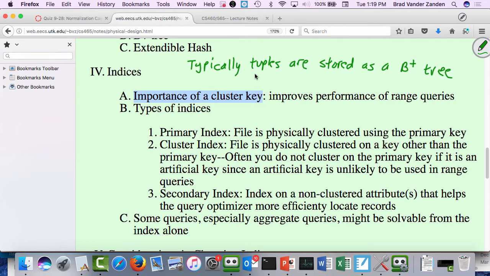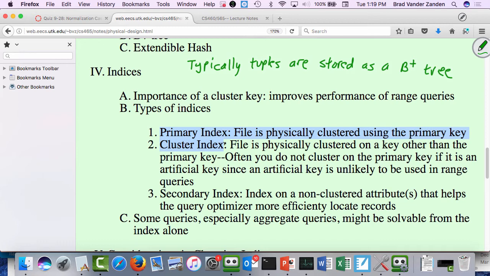We call the way in which they are physically clustered either the primary index or the cluster index. The distinction is only whether we cluster on the primary key or on a non-primary key.